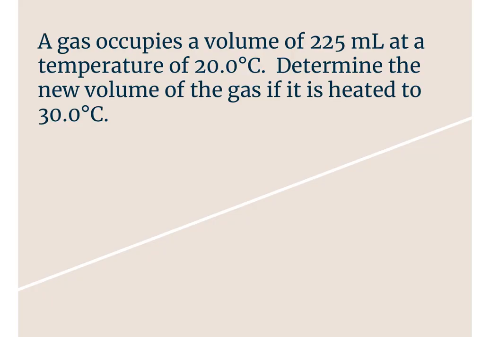So let's try this first example. We remember that Charles' law is V1 over T1 equals V2 over T2. So we're looking for two volumes, two temperatures, and we just have to keep in mind the temperature has to be in Kelvin. So I read through my problem. It tells me I have a gas that's occupying a volume of 225 mLs at a temperature of 20 degrees Celsius.